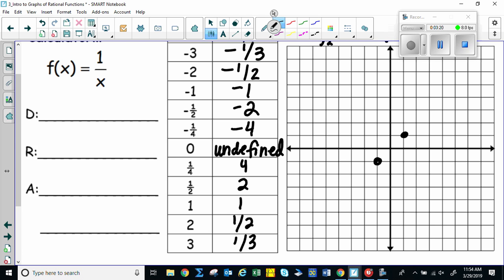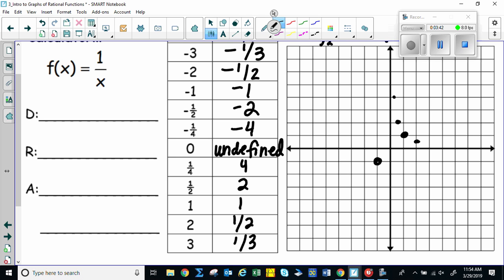So if I plot 1/2, I'm going to go up 2. 1/4, I'm going to go up 4. 1, 2, 3, 4. I'll be kind of close to that x-axis. If I did 2, 1/2, it's going to be a half right there.